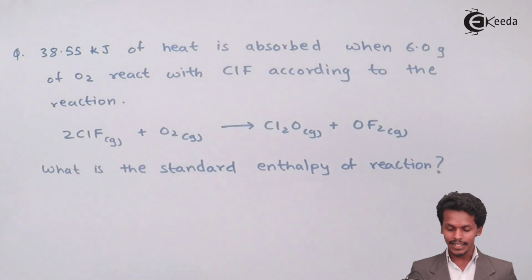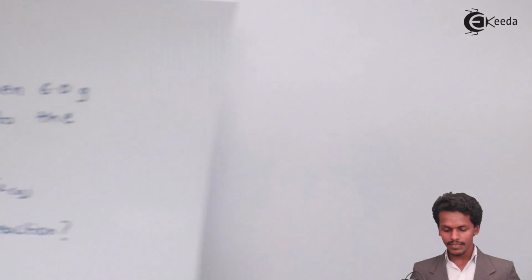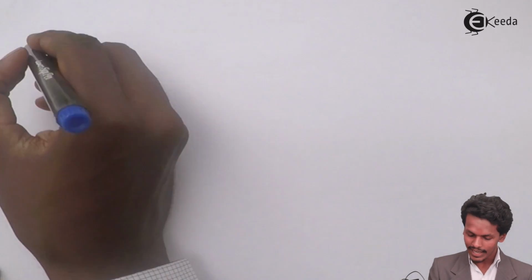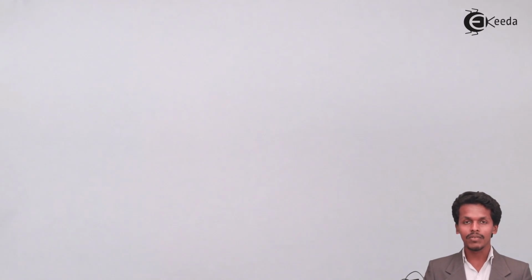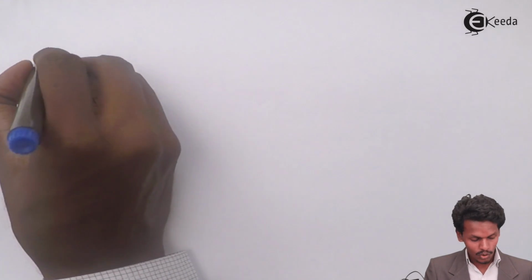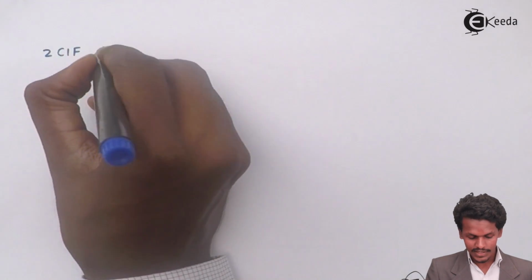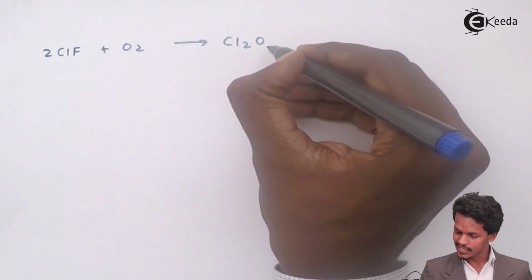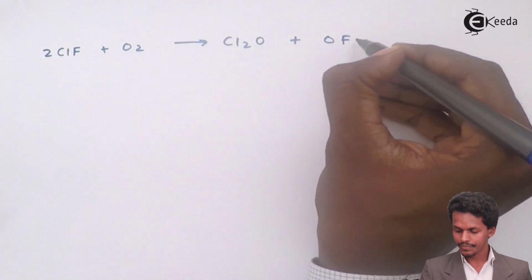This clearly indicates that 6 gram of oxygen is reacted. So I would write the reaction in this format to make you understand how the reaction will have a particular heat of reaction if this quantity of reactant is used. So 2 moles of ClF plus O2 should give me Cl2O in gaseous state plus OF2.